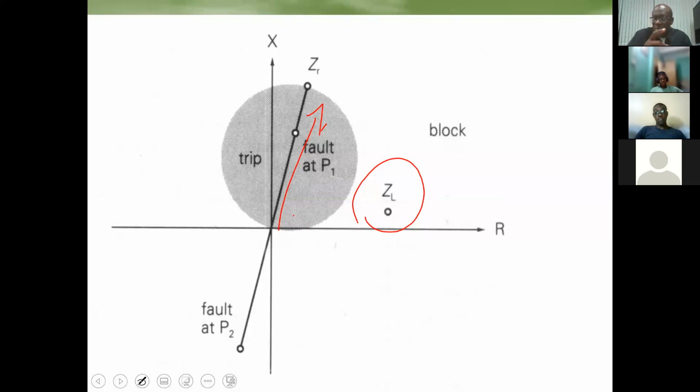Yep. So it means that it will be closer to the x-axis. That impedance will be closer to the x-axis. With me? As against your load impedance, which will be closer to your resistance axis. And so this is the modified characteristics.